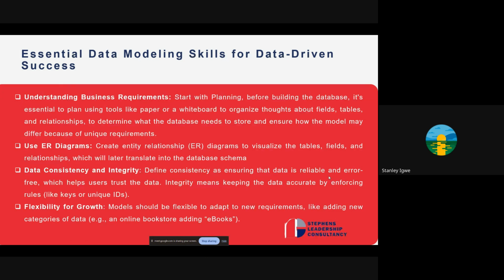And then also something that's important is the consistency and integrity of your data. You need to ensure that you have unique IDs. You need to ensure that you have constraints. So for columns that are unique and their IDs, you need to say, okay, there should not be a null value.